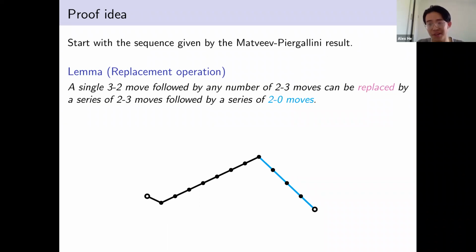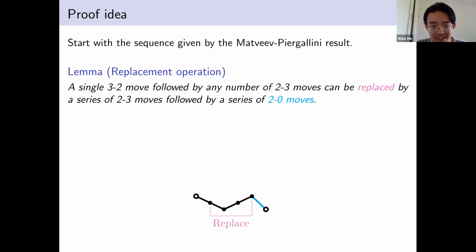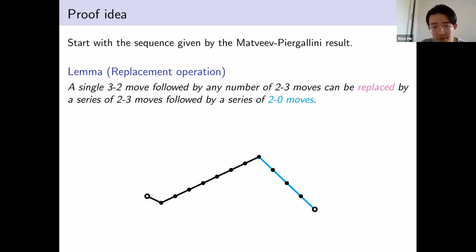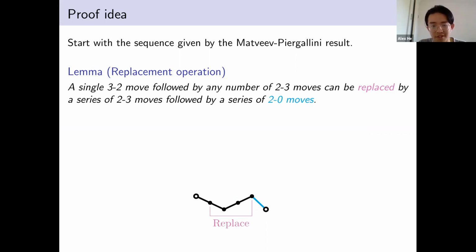Maybe I flashed through that too quickly, so let's go back. You have this 3-2 move followed by 2-3 moves. You delete that sequence and replace it with a possibly much longer sequence of 2-3 moves followed by 2-0 moves. And the point is, the invariant, when you keep applying this lemma, is that the end of your sequence looks the way you want it to look.